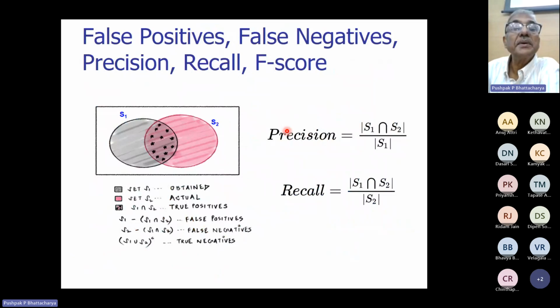So let's do a bit of discussion on this. Suppose this is your concept class. So the black circle is the obtained labeling, and S2, which is this set, is the actual labeling.